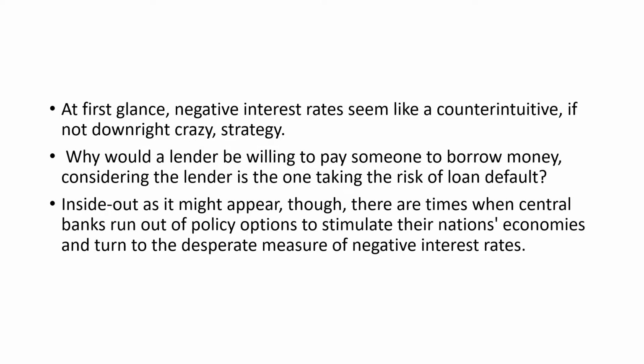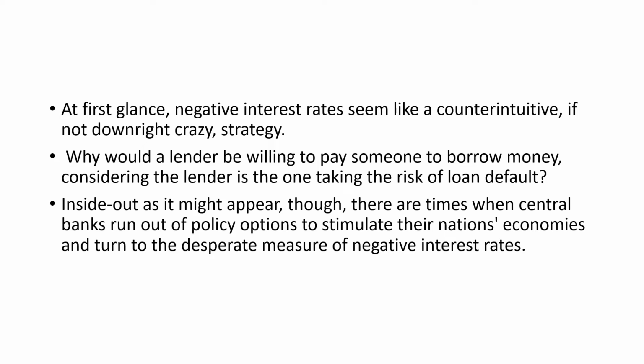We can see that negative interest rate is something counterintuitive, and it appears to be counterintuitive if not downright crazy. So why would a lender be willing to pay someone to borrow money, considering the lender is the one taking the risk of loan default? We have to see the mechanism of working of negative interest rate.